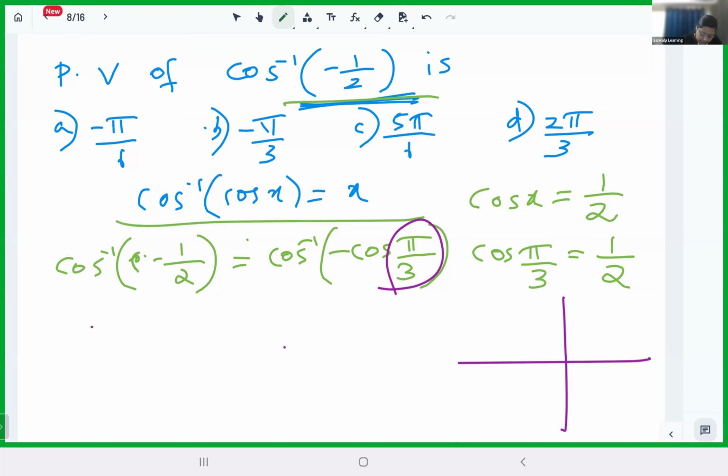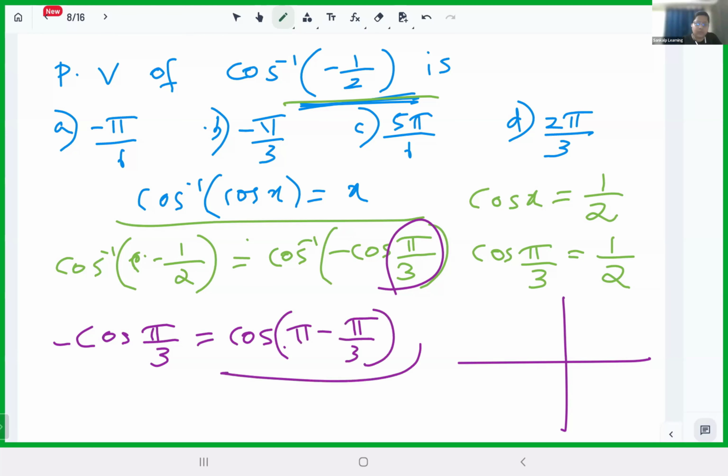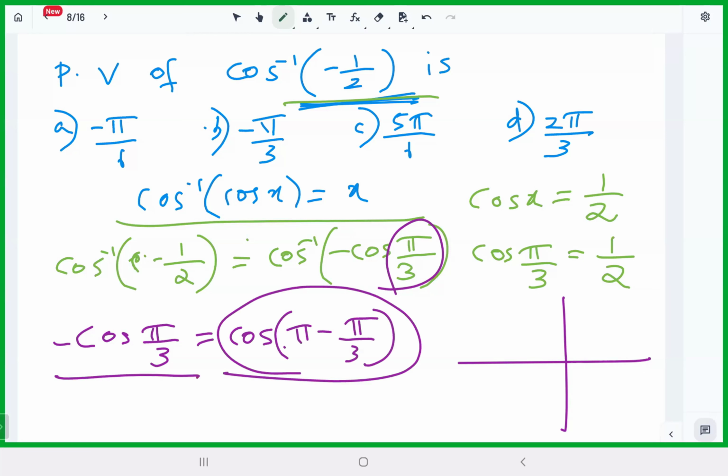That is, cos pi by 3 can be written as cos of pi minus pi by 3. Now let's see whether this will give you the left hand side value. Pi minus pi by 3 means it belongs to the second quadrant, right?